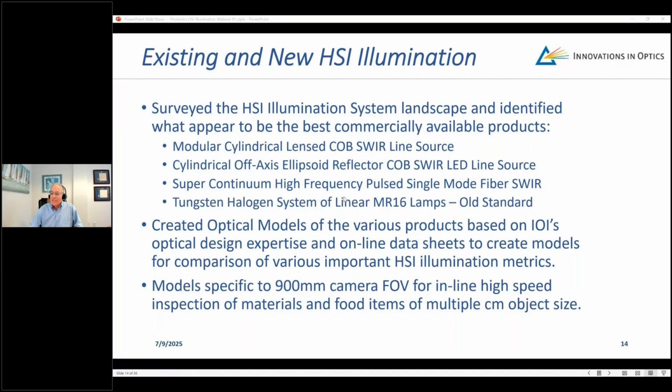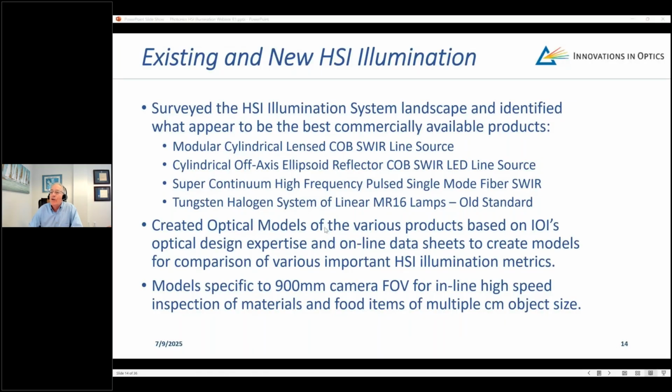We also look at the tungsten halogen lamp, a linear array of MR16 lamps, because that tungsten halogen has been a standard for a long time, and in the longer wavelengths still can work quite well. The real issue with it is that it doesn't last long, so there's a very high operational cost, and for continued calibration and replacement of lamps and so forth.